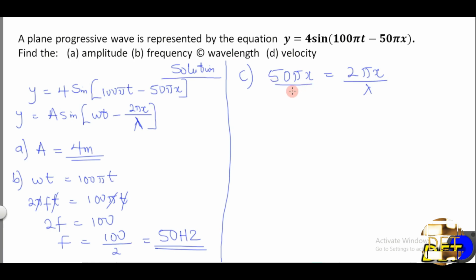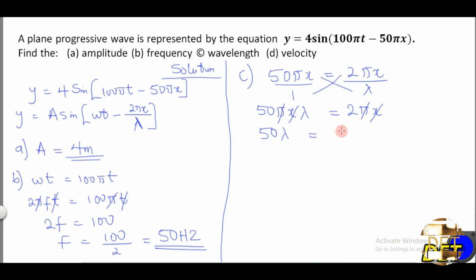So the next thing I will do is to cross multiply, right? So 50πx times λ will give me 50πxλ equal to 1 times 2πx will give me 2πx, right? So pi will cancel out pi, x will cancel out x. So what I have left is 50λ.